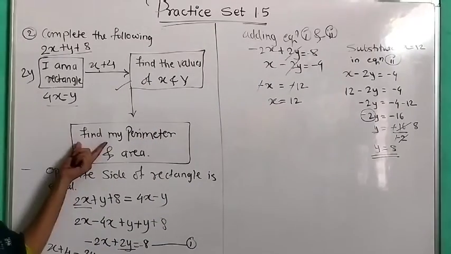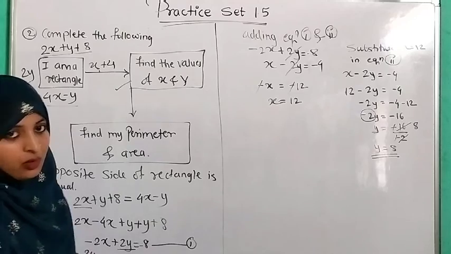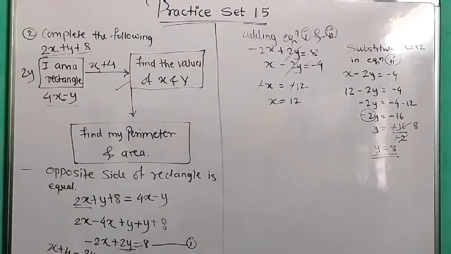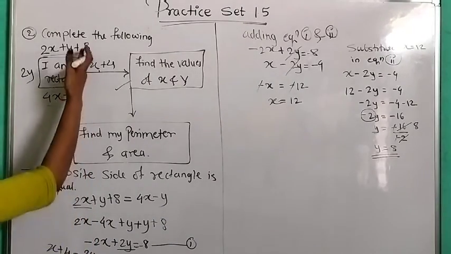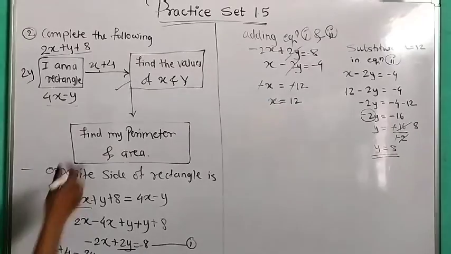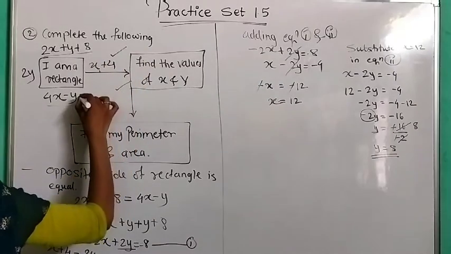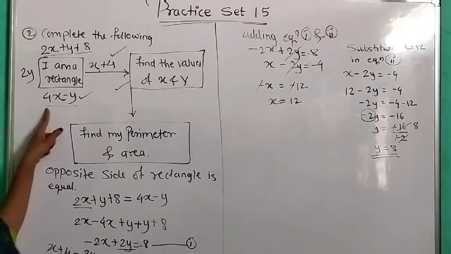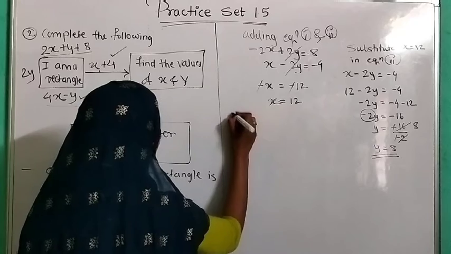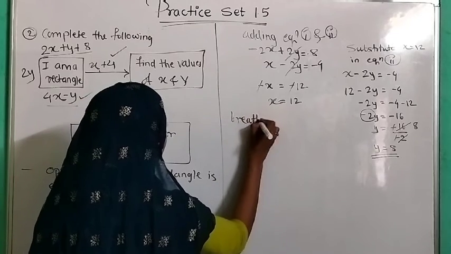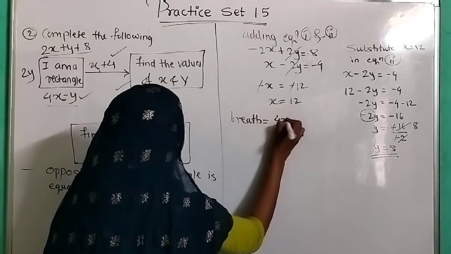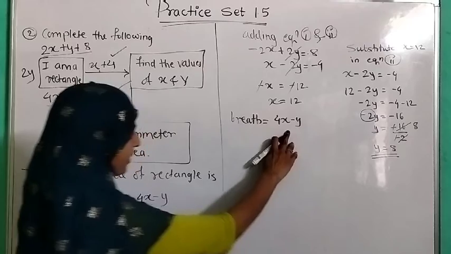Now they have told to find the perimeter. First of all, we have to find the sides. So we know opposite sides are equal. So we are just going to find the length and breadth. So if you are going to find the breadth, then 4x minus y. We know the value of x.